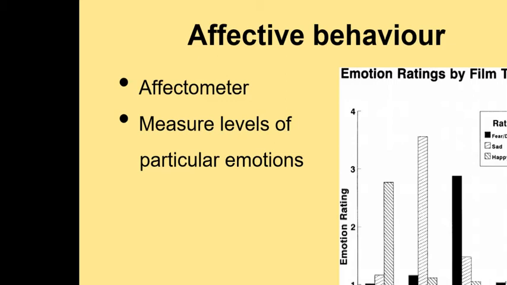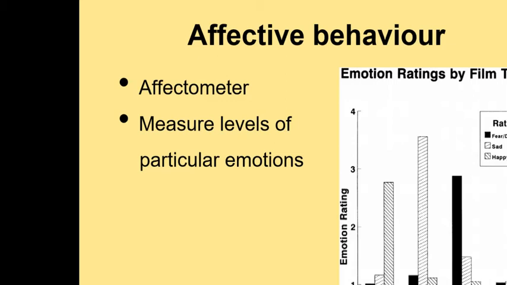In a sad movie, sadness. And in a horror movie, you'd expect fear and disgust to be the highest. And then in a neutral movie, you would expect them pretty much to be equal, or not any one to stand out in particular. So the affectometer is something that's used quite a bit in market research, etc., to measure people's responses to particular stimuli.